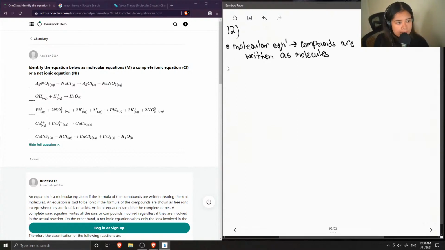And when we have a complete ionic equation, this is when the compounds are written as free ions, with the exception of liquids and solids.